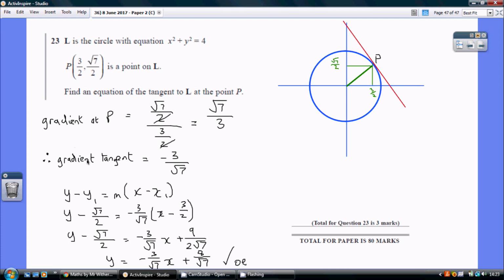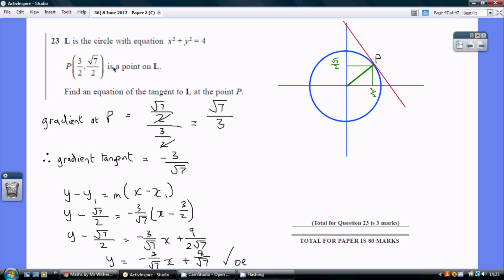So that's the gradient of the radius at point P. So the gradient of my tangent, given it's perpendicular, you flip that over, change the sign, so that's minus 3 over root 7. So I can now go and find the equation of the tangent to L, because I know the gradient, minus 3 over root 7, and I know a point on the tangent, 3 over 2, root 7 over 2.